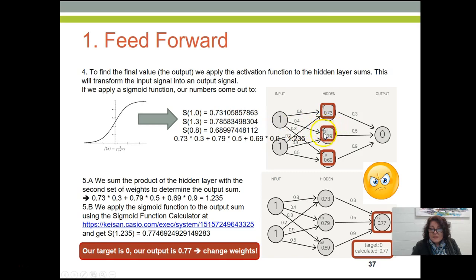If we apply the sigmoid function to our 1.3, which we have calculated for our second neuron, we receive 0.78 or 0.79. If we apply the sigmoid function to our third neuron, for which we have summarized 0.8, we receive about 0.69.